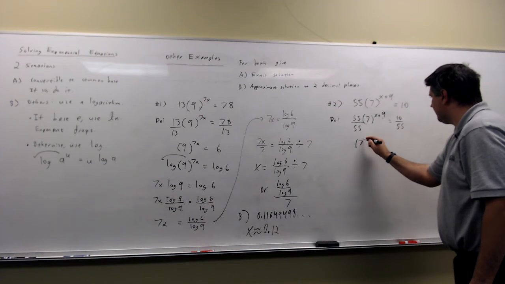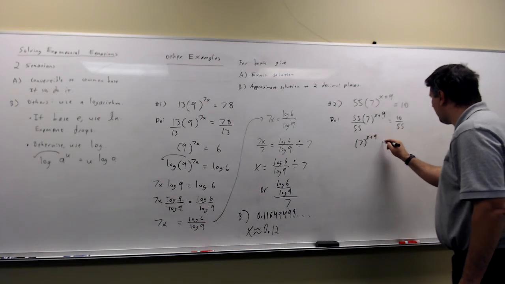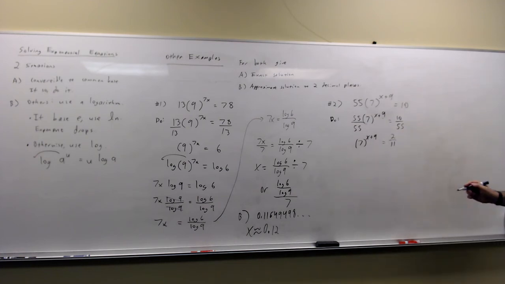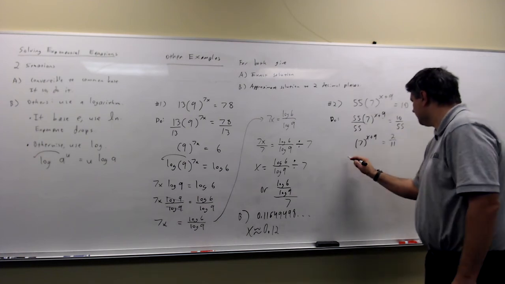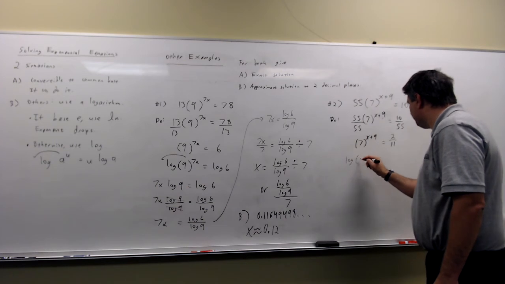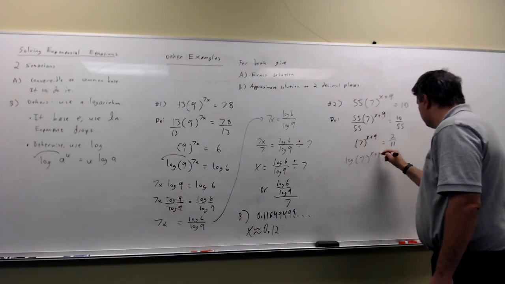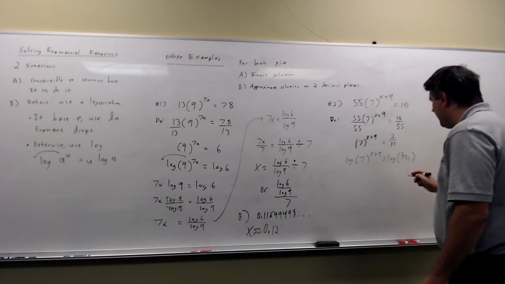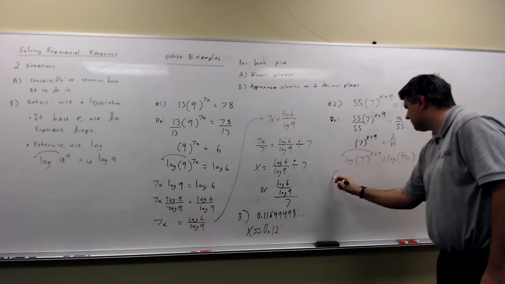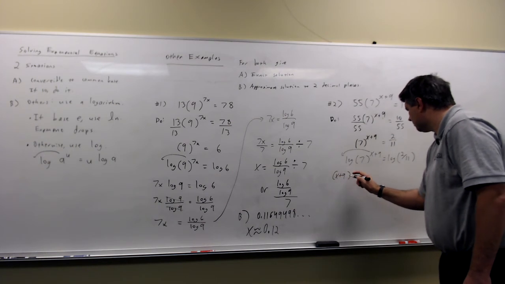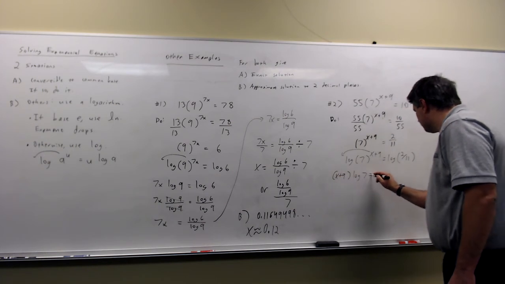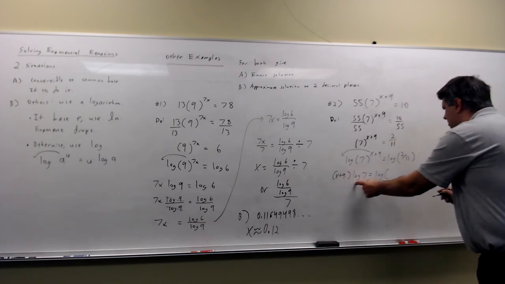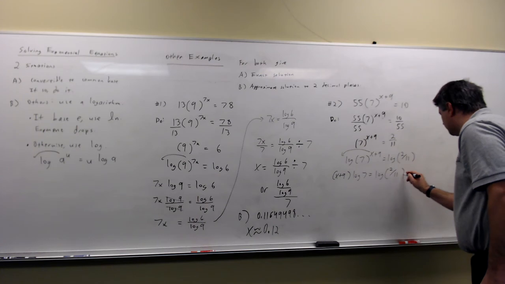So I end up with 7 to the x plus 9th power is 2/11 when that fraction is reduced. Okay? Like before, I'm going to use the common logarithm. And now I'll take this exponent to the front. And I end up with x plus 9 log 7 equals logarithm of 2/11.